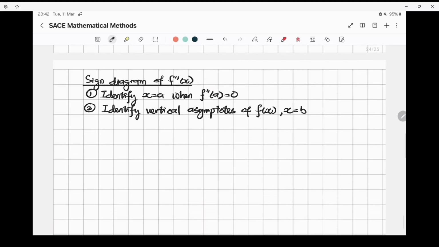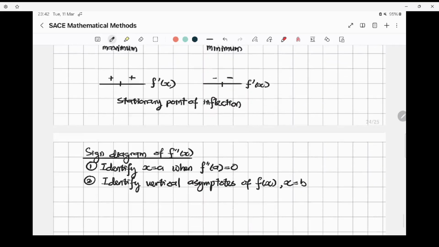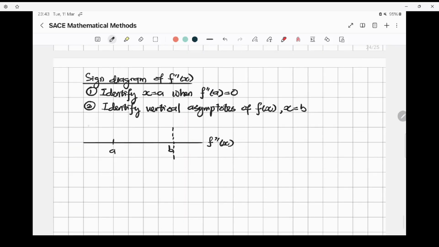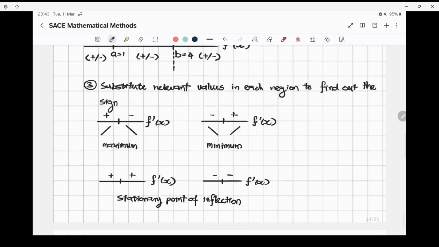So this time, what you're going to do is to draw the sign diagram for f double prime of x. So let's say this is A, let's say this is B. Same thing as before, here you identify, for instance, A equals 1, B equals 4.